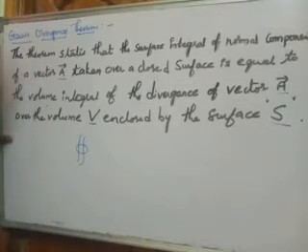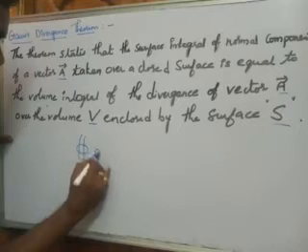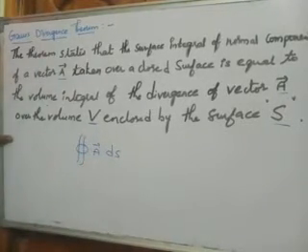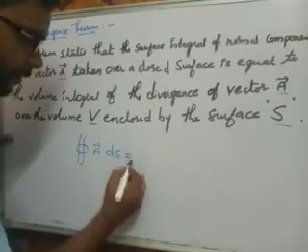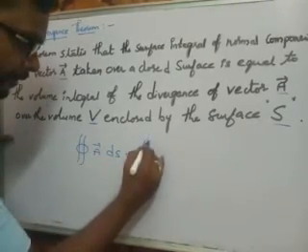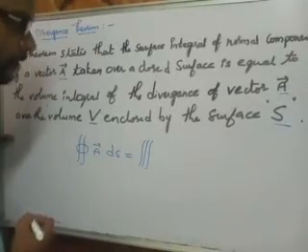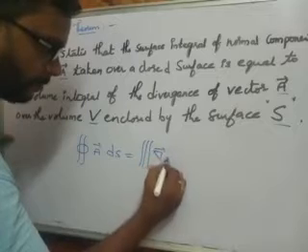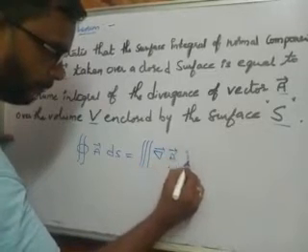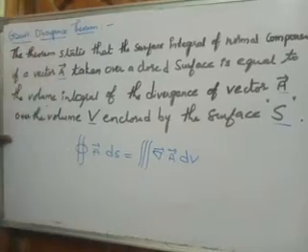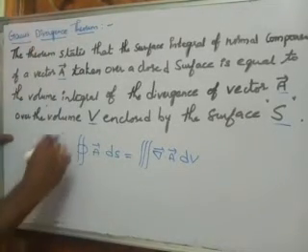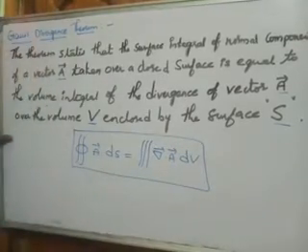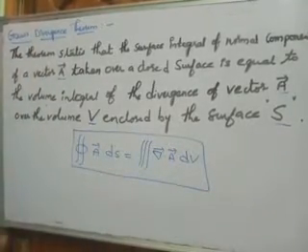the closed surface integral of A bar dot dS is equal to the triple integral, which represents the volume integral, of del bar dot A bar (the divergence) into dV. So this is the mathematical representation of Gauss divergence theorem.